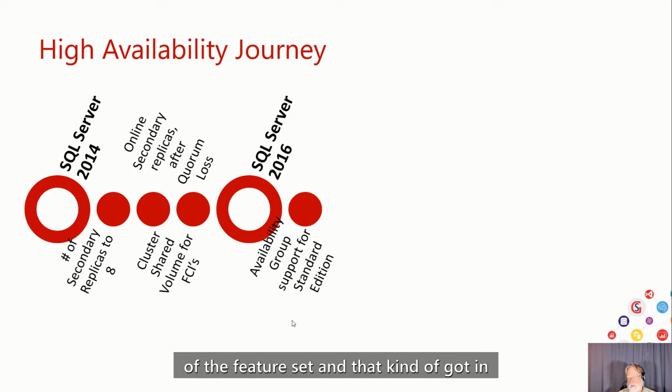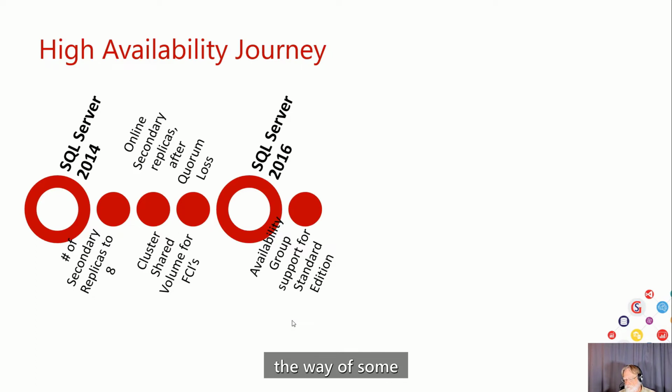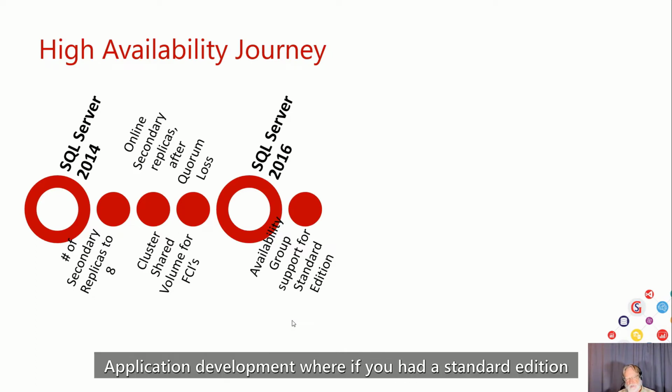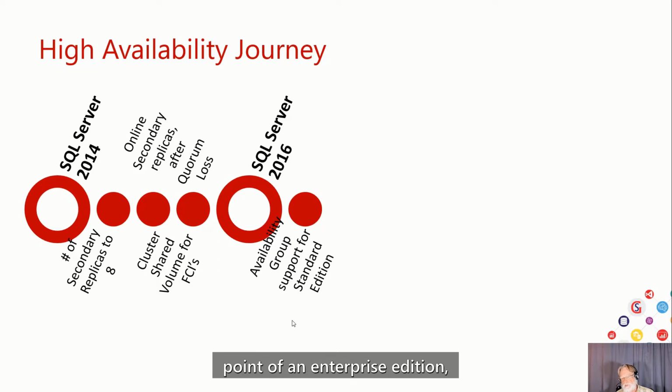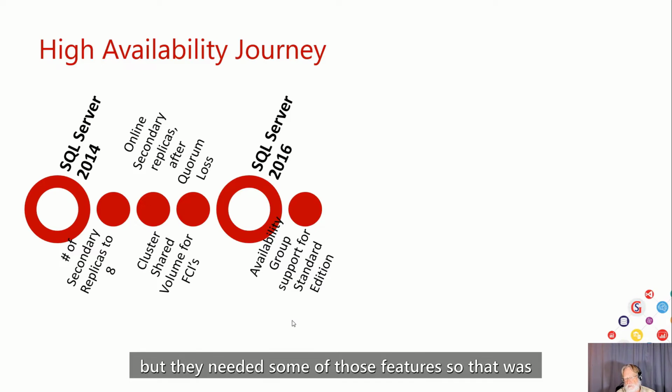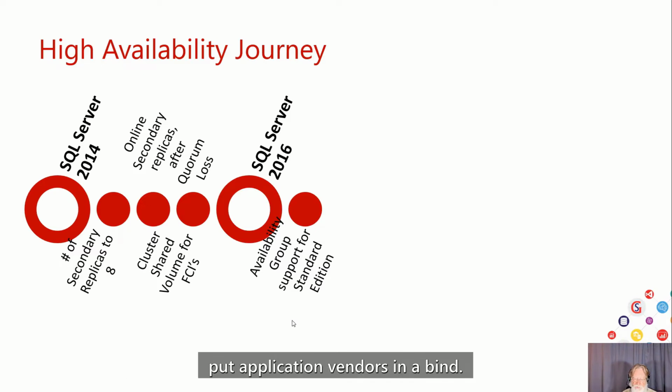And that kind of got in the way of some application development, where if you had a Standard Edition, you didn't have all the same tool set that you had if you're running Enterprise. For some applications, it didn't make sense to hit the price point of an Enterprise Edition, but they needed some of those features. So it put application vendors in a bind.